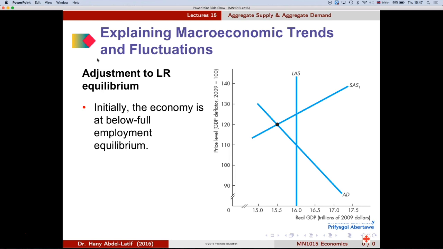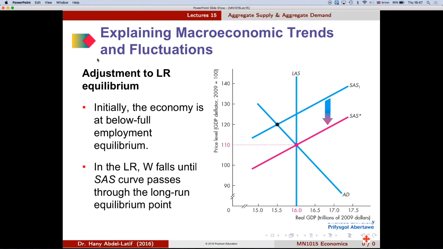Okay, so if this was the situation in the short run, then something must happen until we move to the equilibrium in the long run. So that's the situation we have here. The black dot is the equilibrium in the short run. The red one here is the equilibrium in the long run.